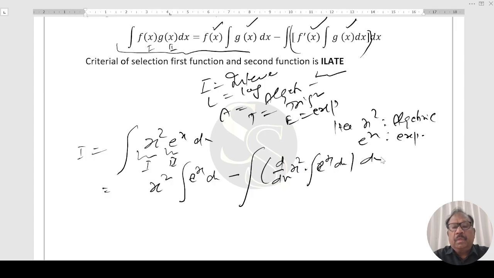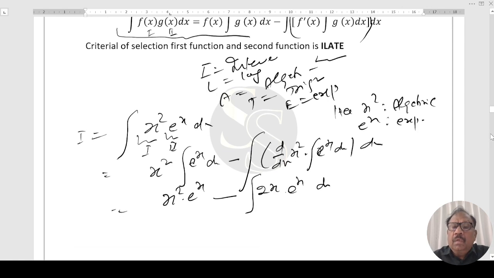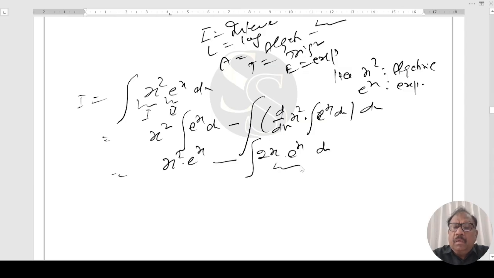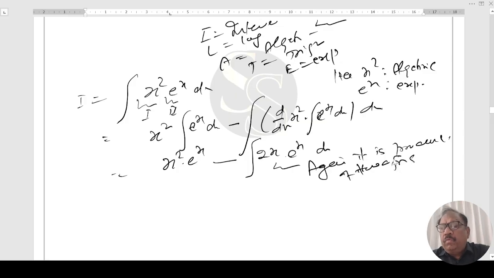the whole integration. That comes out to x square into e to the power x minus the integration of 2x into e to the power x dx. Again, it is a product of two functions.